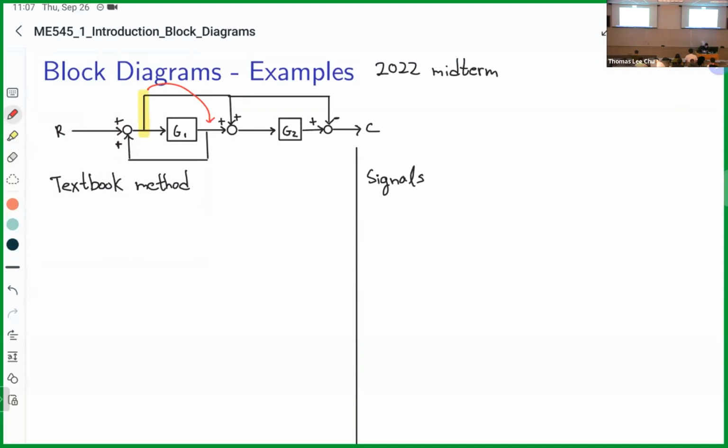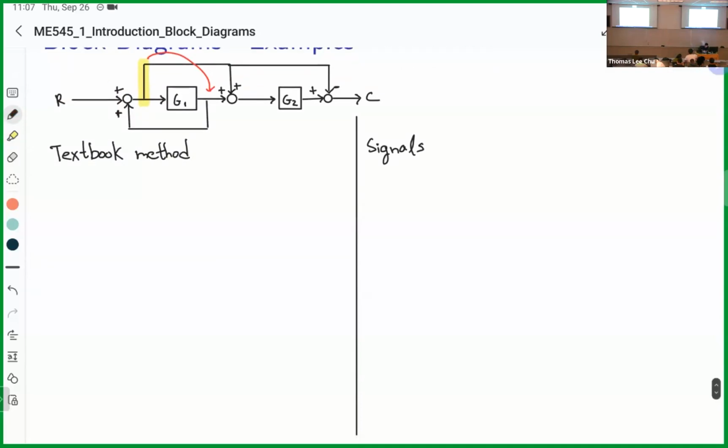So I have my input. And basically what I want to do is have the signal come out from here instead.